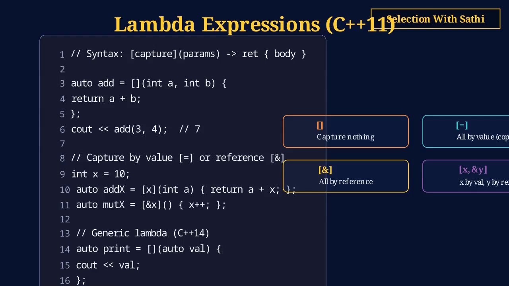You can be selective. [x] captures x by value, [&x] captures x by reference. The return type is usually deduced automatically. Lambdas are heavily used with STL algorithms like sort, for_each, and remove_if.